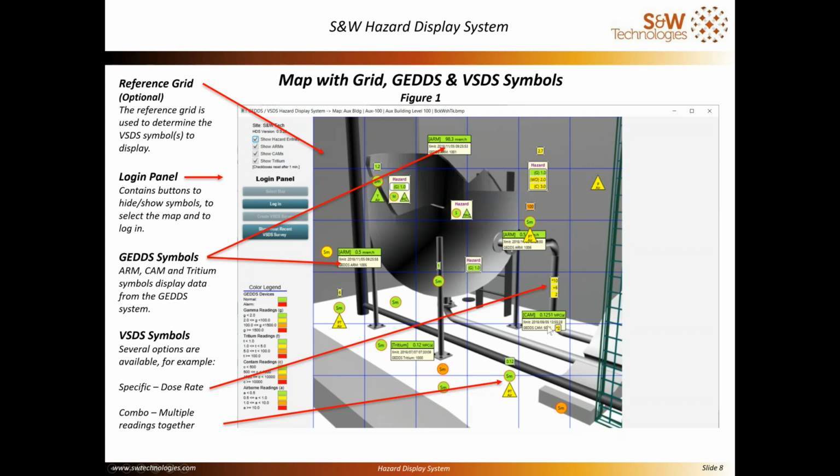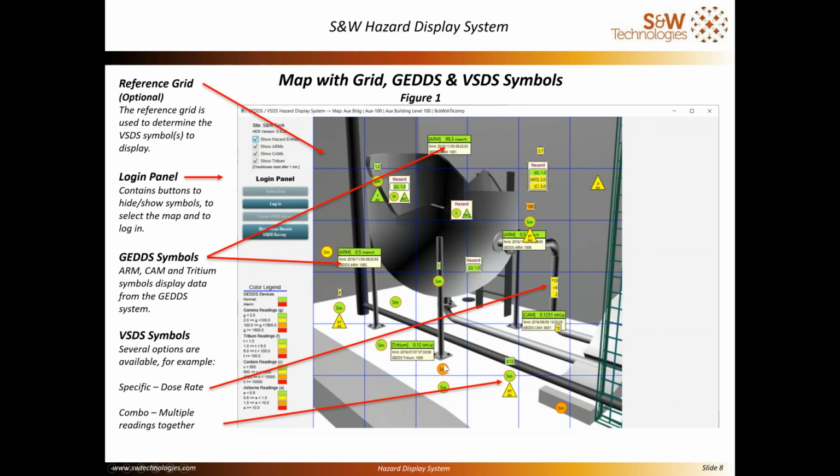So now we've got all these different symbols on here. And if we wanted to, we could actually create a VSDS survey on the fly by pulling this data. Now you notice the things have color to them. So on the left-hand side, you see there's a color legend, and that indicates the color of the action levels in the various symbols like gamma, tritium, contamination, and airborne.